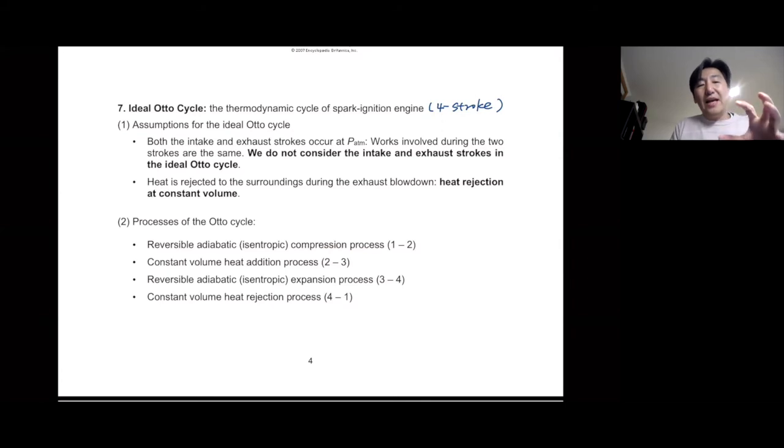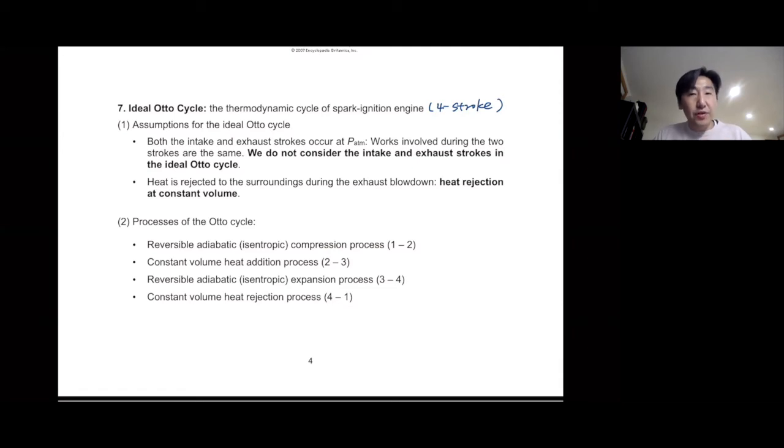But now let's talk about the ideal case. The ideal case is that, if possible, we make all those processes ideal or reversible processes. Obviously, the heat addition process and heat rejection process cannot be ideal. But the compression process and expansion process can be considered ideal, which is isentropic.